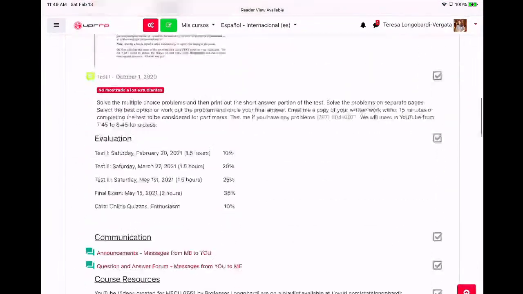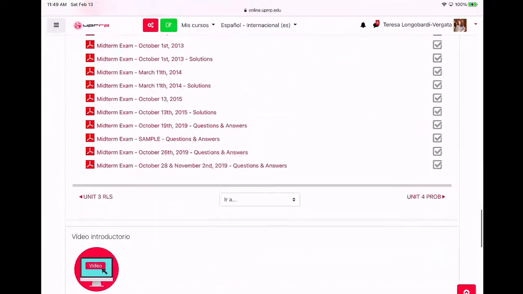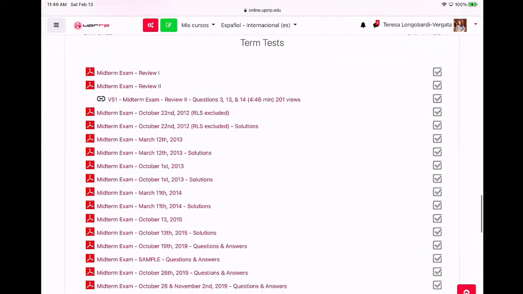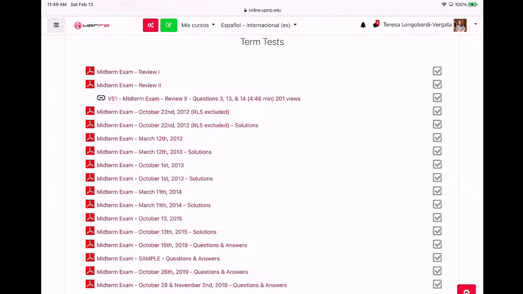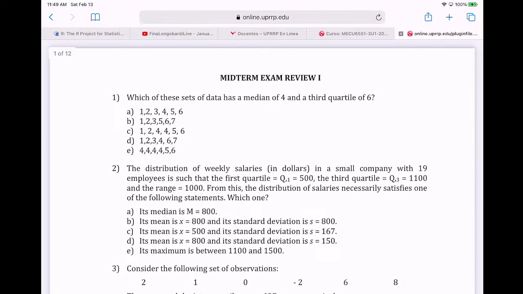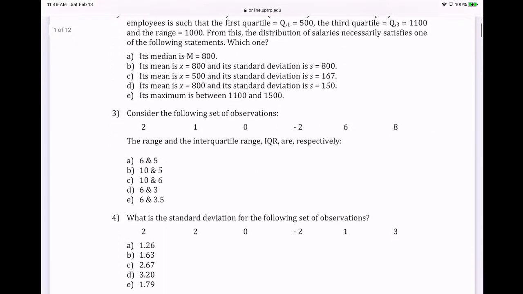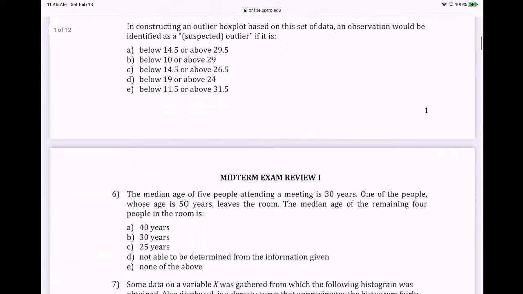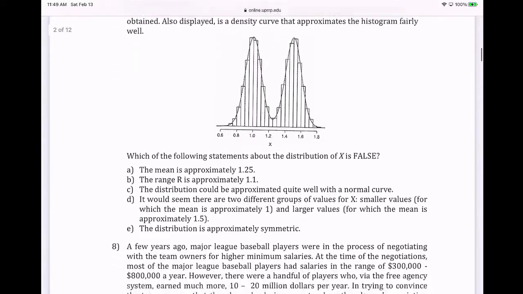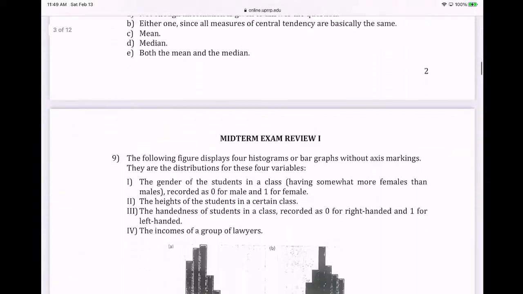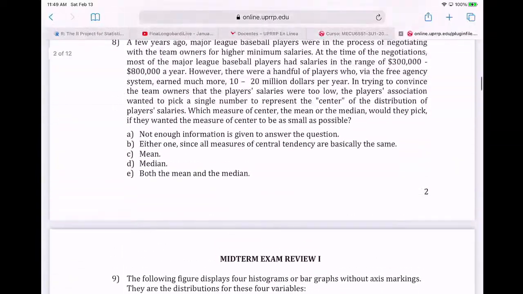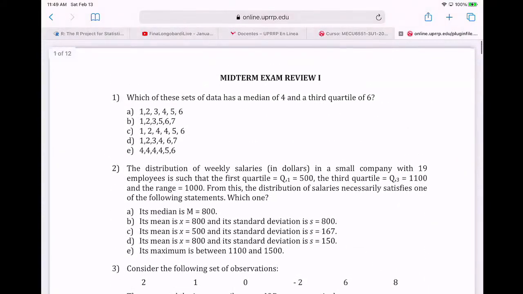Okay, so these are for practice. If you have time, you can go through some of these, and they're multiple choice. That's all I can give you on Moodle. And you can see the kinds of exercises. And I'd say probably more challenging than I'll give you, but they'll be good practice if you have time.